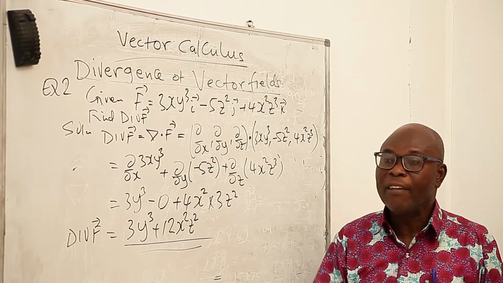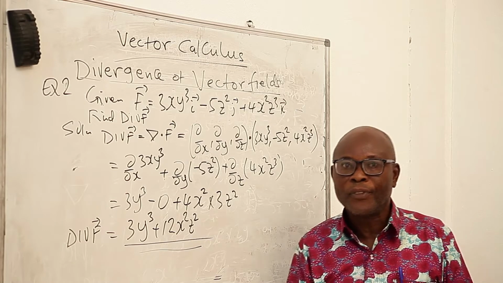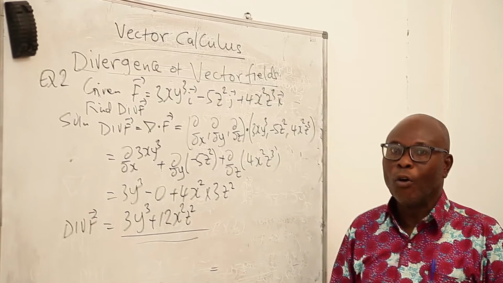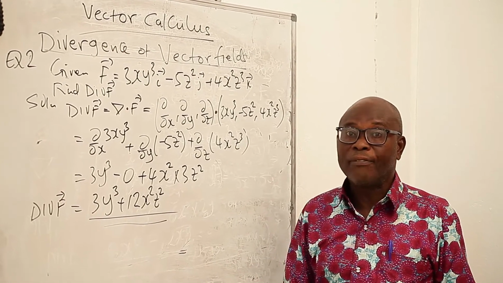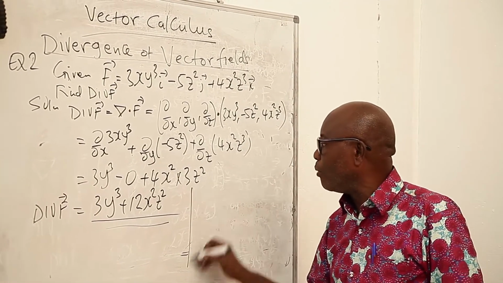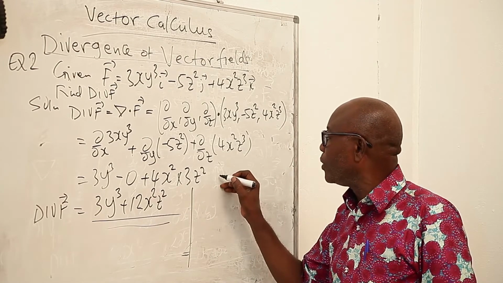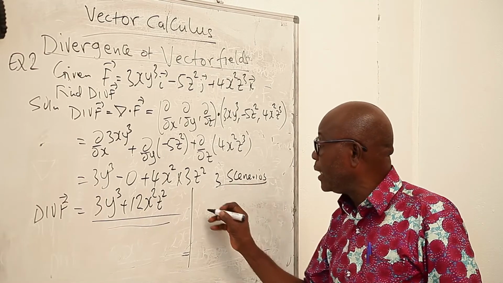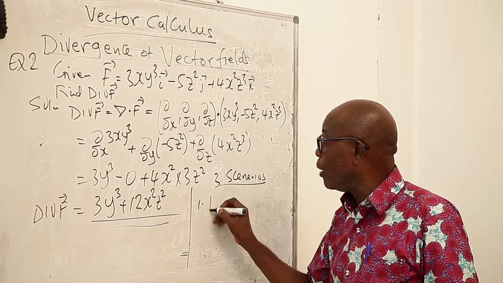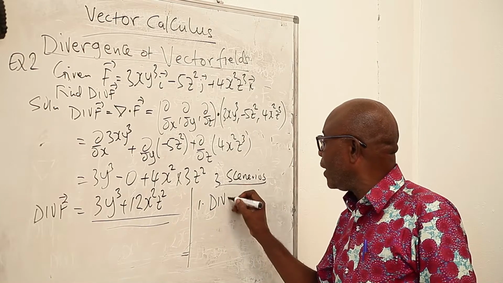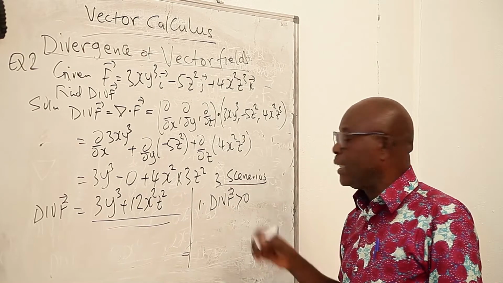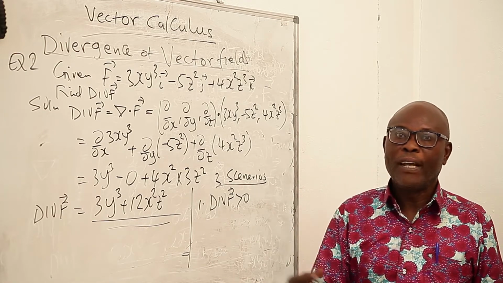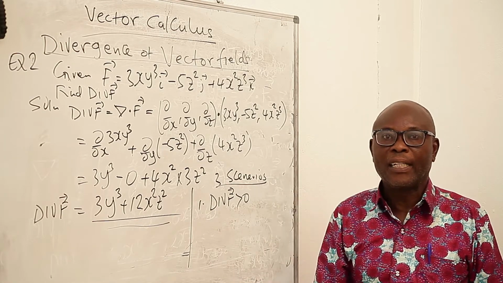And so, given any cross-sectional area where the force actually operates, we can have three scenarios. The first one is we can have a situation where the divergence has a positive value.